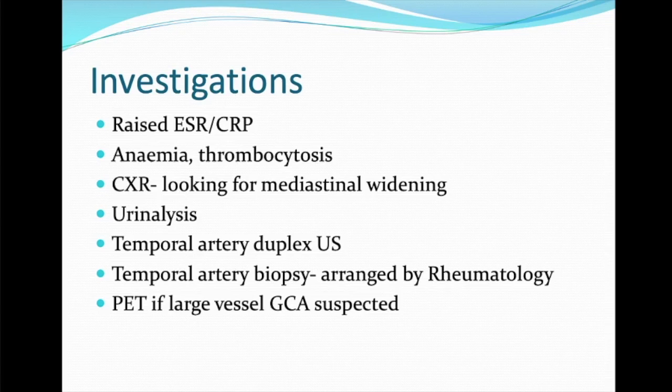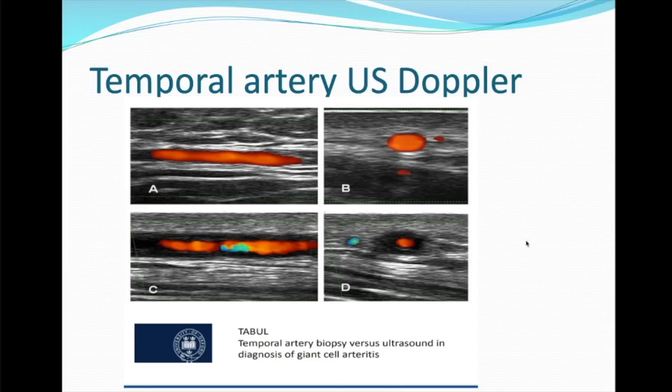So if the ultrasound is equivocal or normal and the clinical suspicion is high, then we can arrange a temporal artery biopsy by liaising with the vascular team here, or in Newcastle it's the ophthalmology team who carries out the biopsies. And if the biopsy is negative and we really are suspicious of vasculitis, we can go on to request a PET scan just to look for any signs of large vessel vasculitis.